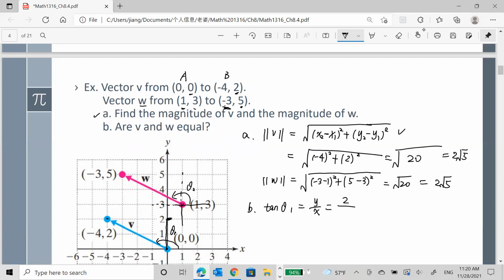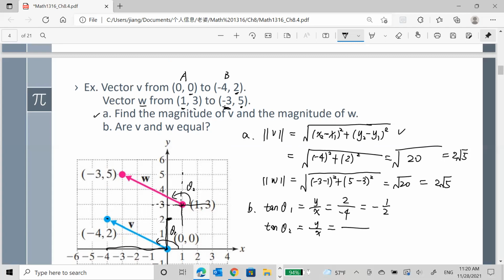And x is from here to here, right? That's -4 minus 0, which is just -4. So this one is -1/2. Another, tangent theta 2. It still equals y over x.